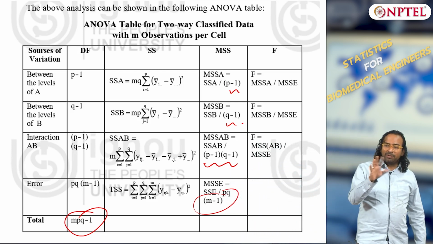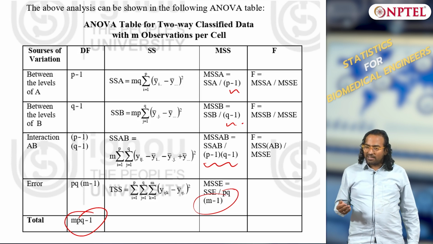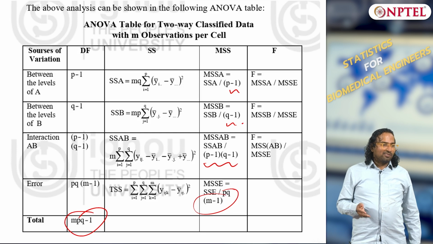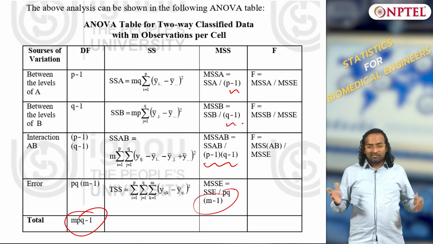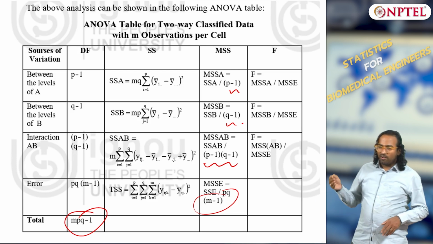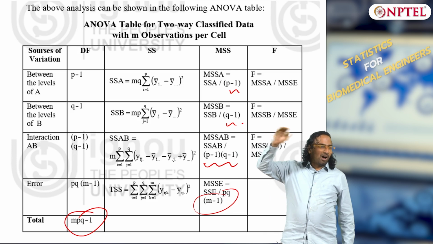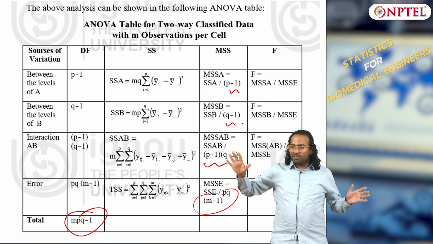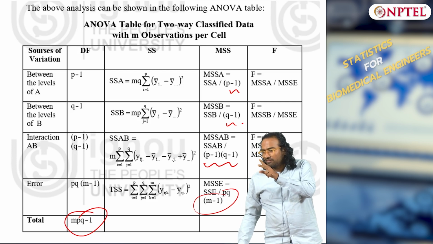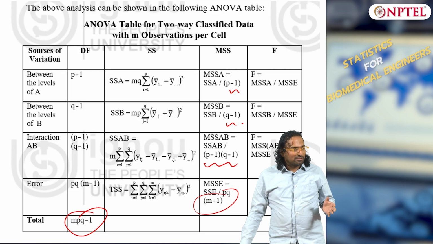And depending upon replications you use, things will vary. Again I said you can replicate exactly, you can only replicate the rows, you can only replicate the columns, or you cannot replicate both. If you do everything properly, then this is the formula. Remember we had different kinds of replications, because you cannot always maintain everything constant, some things will vary.